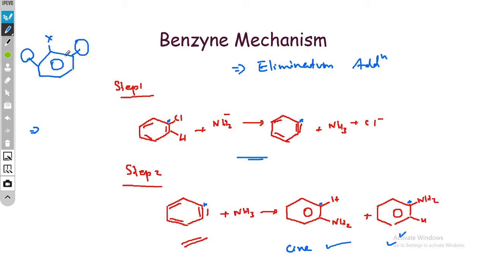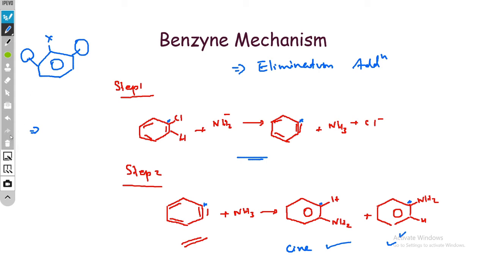But since there is no chance for elimination, as another group is already substituted, there is no formation of the benzyne intermediate on either side. So this mechanism will not happen. This is one evidence.